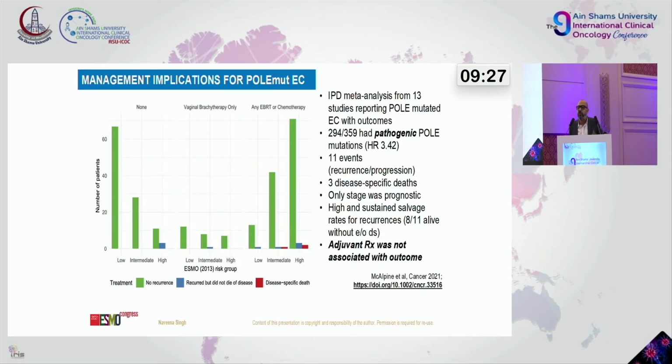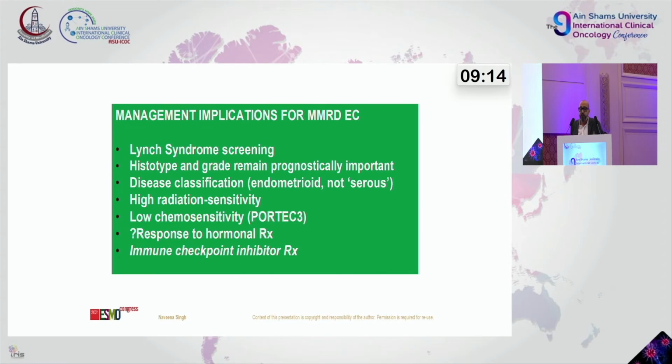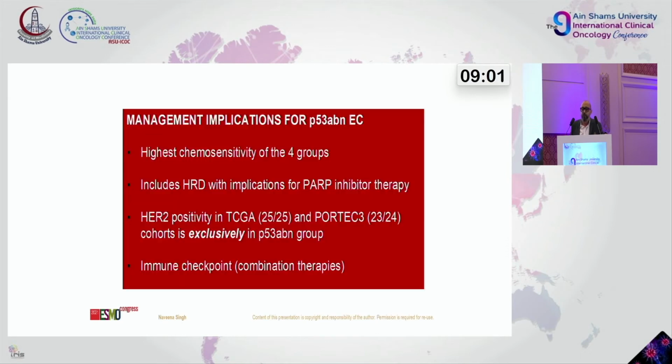As for the management implications, for POLE mutation, the meta-analysis had shown that adjuvant radiotherapy was not associated with outcome, and we can de-escalate our treatment in POLE because it has the best prognosis. For mismatch repair deficient endometrial cancer, it has high radiation sensitivity and low chemosensitivity from the PORTEC trial. It has a response to hormonal treatment, and it is also the best regarding immune checkpoint inhibitors.